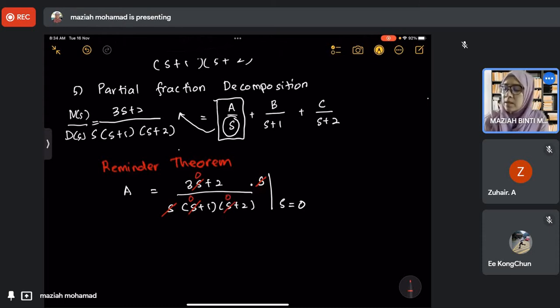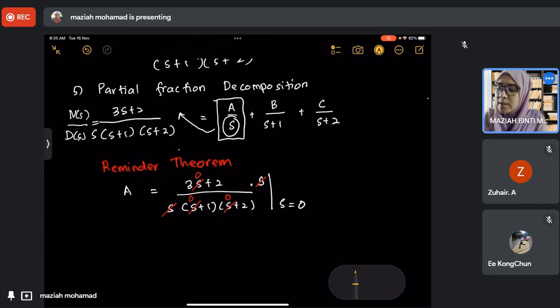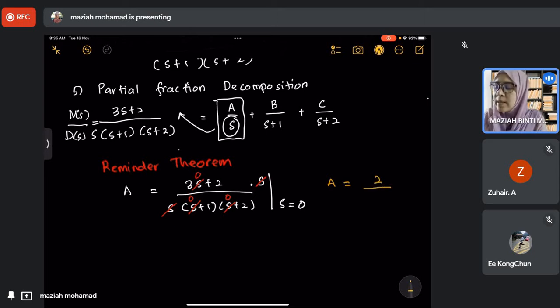Therefore A will equal 3 multiplied with 0 is 0, plus 2, so it is 2, divided by 0 plus 1, which is 1, multiplied with 0 plus 2, which is 2. 1 multiplied with 2, we got 2. So A equal to 1.